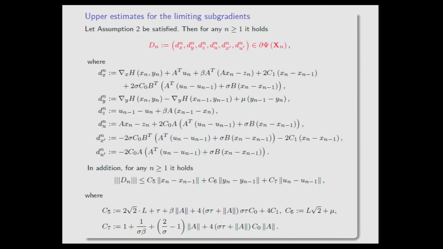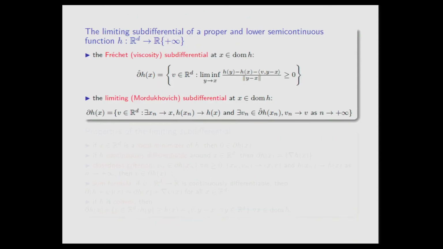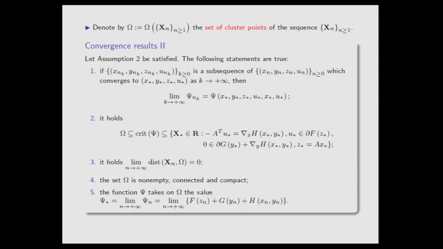But by using this poor calculus, we are still able to find a subgradient of our function. This is our Lyapunov function, if you want. And even more, we get an upper bound of the subgradient in terms of velocities, or differences of consecutive iterates. These are positive constants. Now having these properties, we get a standard result: first of all, this sequence converges to psi at this critical point.